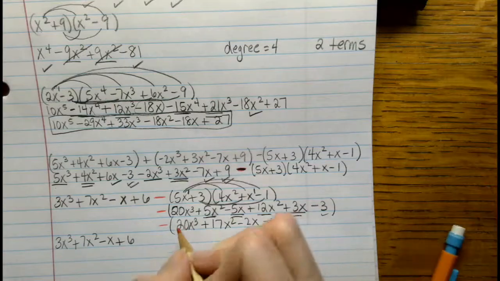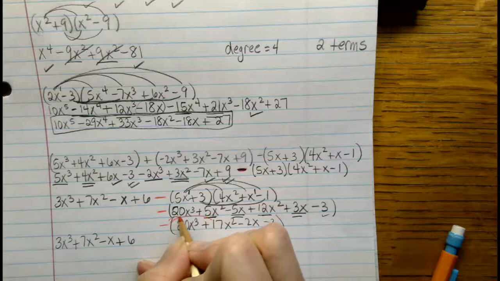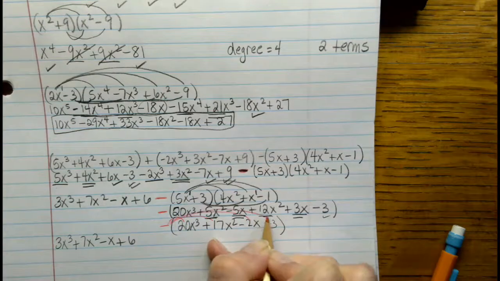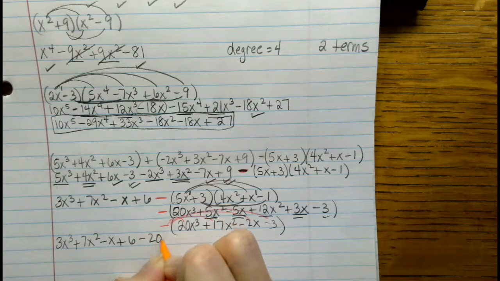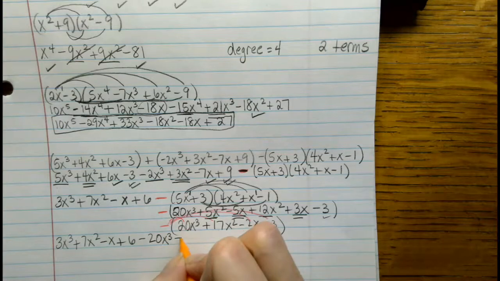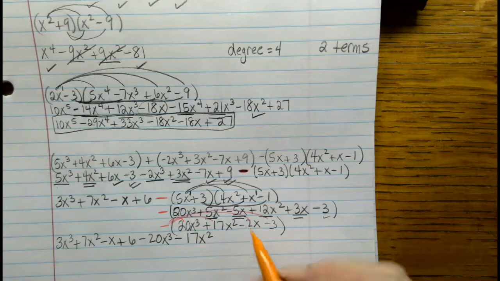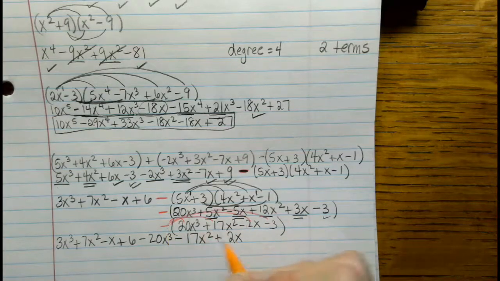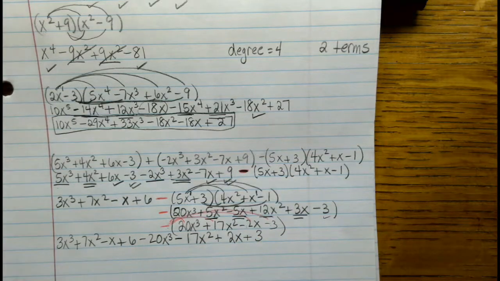So we're going to get negative times 20x cubed, negative times 17x squared, negative times negative 2x, negative times negative 3. So we get negative 20x cubed. Negative times positive is a negative 17x squared. Negative times negative is positive 2x. And negative times negative is positive 3.